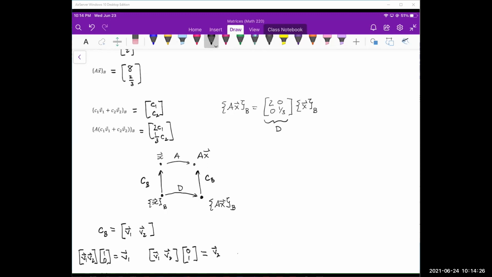Okay, and so we see two different paths to getting to the same result. So to go from X to AX, one way to approach this is by multiplying by A. A second way is to think in terms of these coordinates. So first we change from X to the coordinates of X. So how did we write X as a linear combination of our basis?